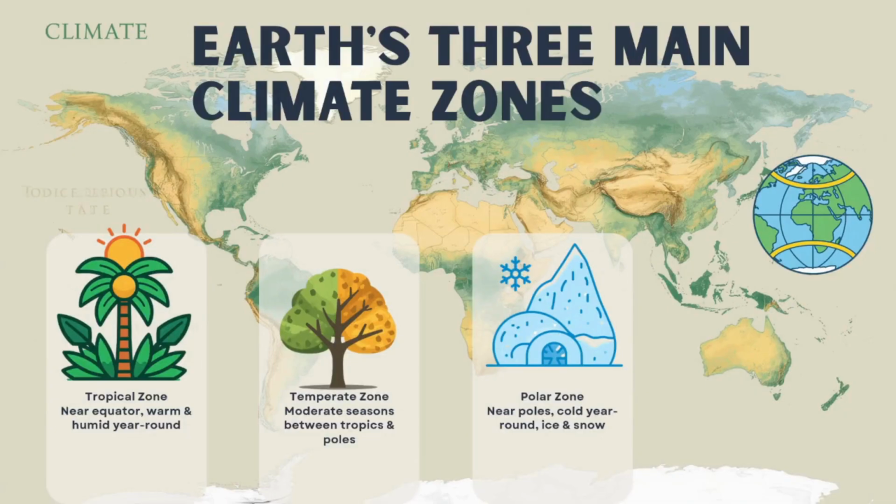Moving on to the next slide, Earth's three main climate zones. We have three major climate zones: first one, the tropical zone; second one, the temperate zone; and third one, the polar zone.